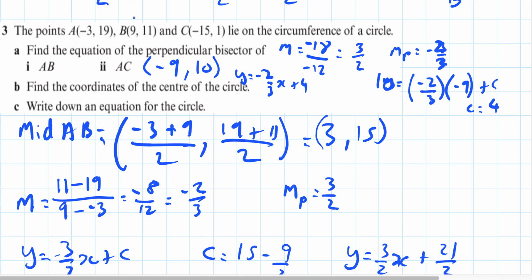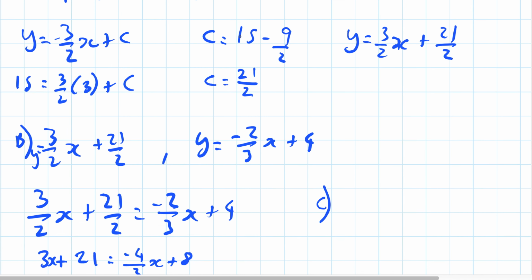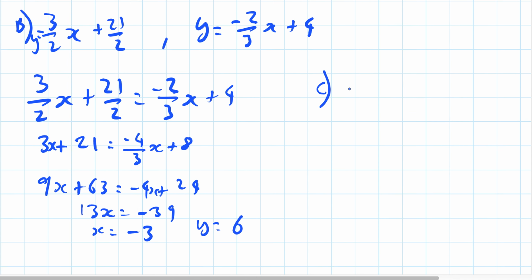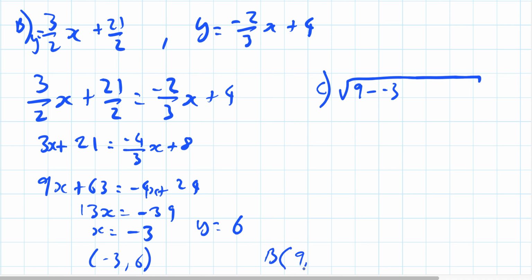From the center to the circumference, let's just use B, 9, 11. So work out the distance between them. It is the square root of 9 minus minus 3, so that's my minus 3, 6 that I'm using there, and B, which touches the circumference, was 9, 11.